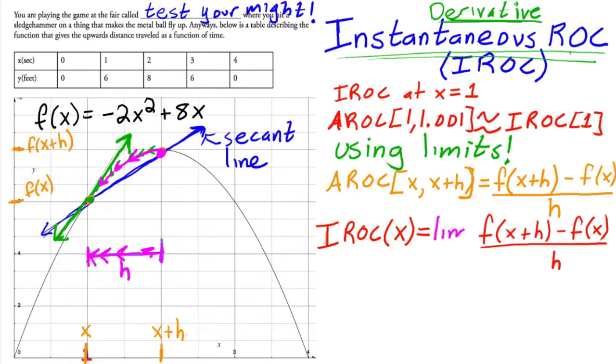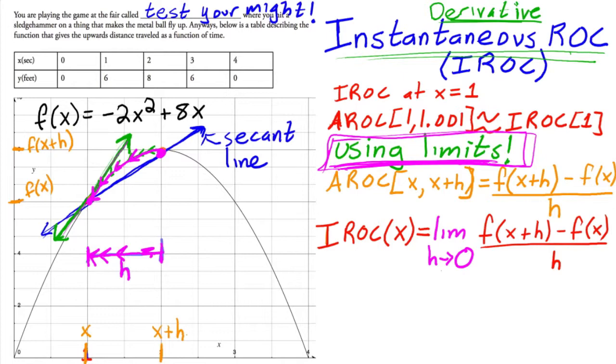So if we take the limit as h approaches 0 of the average rate of change, we're getting this point as close as possible to this point without actually touching it. This would be impossible without limits. Without limits, we wouldn't be able to find the instantaneous rate of change. We can only approximate. That's why we spent all that time talking about limits.